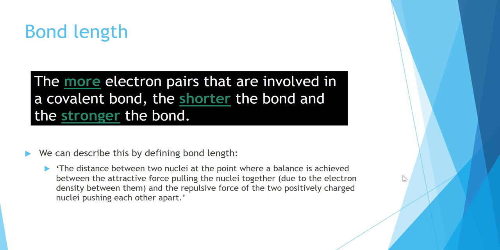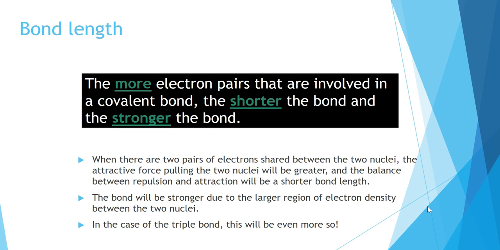If we bring them too closely, they'll start to repel, but if they're just far enough apart, we get that great attraction, so it's where the strongest point will be in those 2 nuclei being attracted to each other. So the more electron pairs that we have, the shorter that distance is, because we've got more electrons between the 2 positive nuclei. Kind of makes sense.